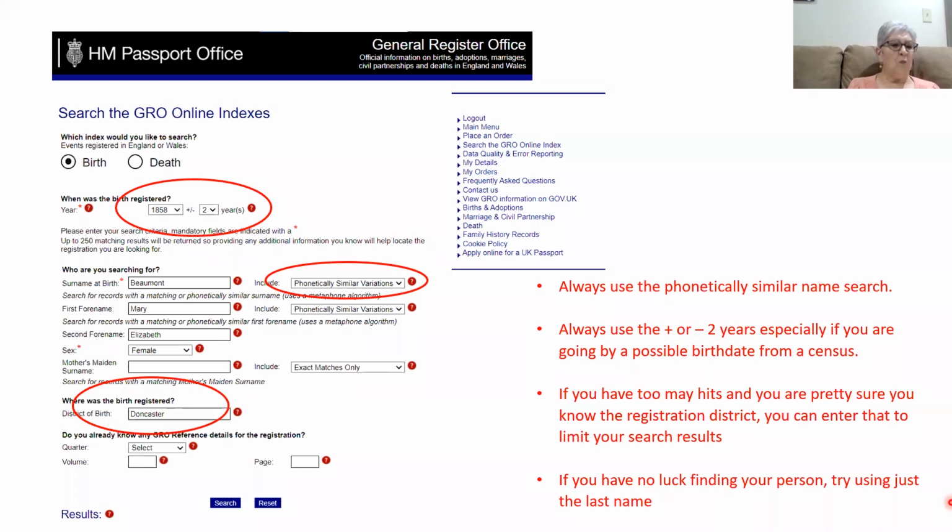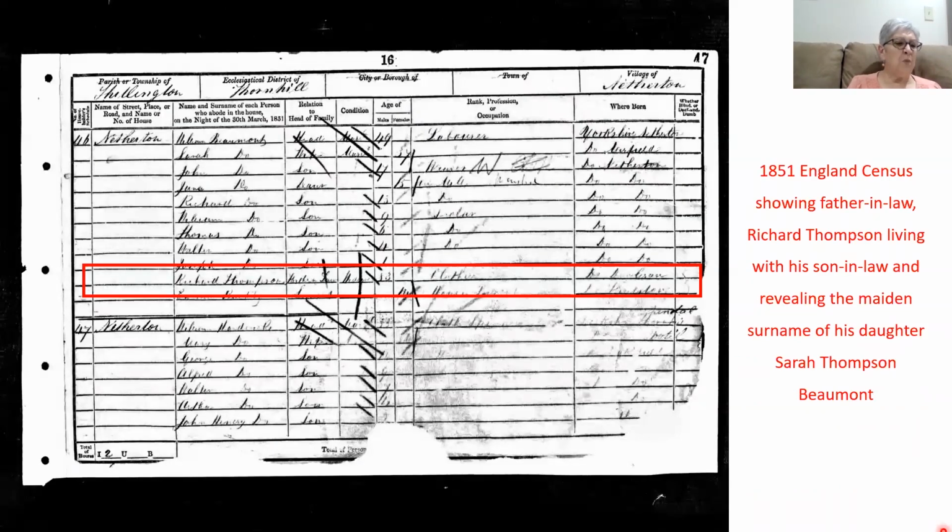Censuses can be a gold mine in piecing together families. It is important to look at, I can't stress this enough, every census for every member of the family. I know that's a bit of a pain sometimes, but you never know what little piece of information you're going to find by looking at all of them.